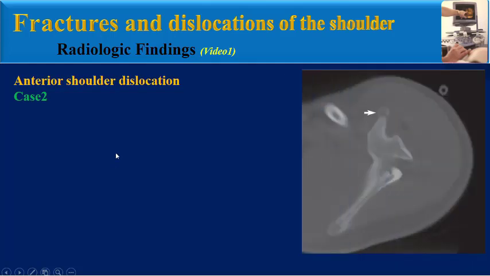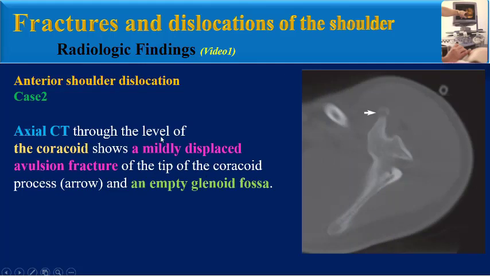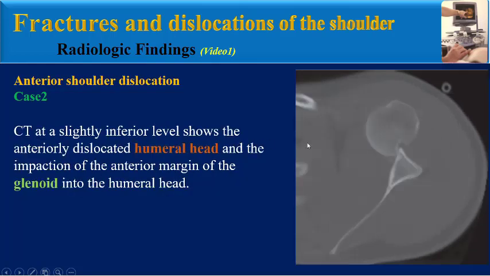Axial CT scan through the level of the coracoid shows a mildly displaced avulsion fracture of the tip of the coracoid process and empty glenoid fossa. CT at a slightly inferior level shows the anteriorly dislocated humeral head and the impaction of the anterior margin of the glenoid into the humeral head.